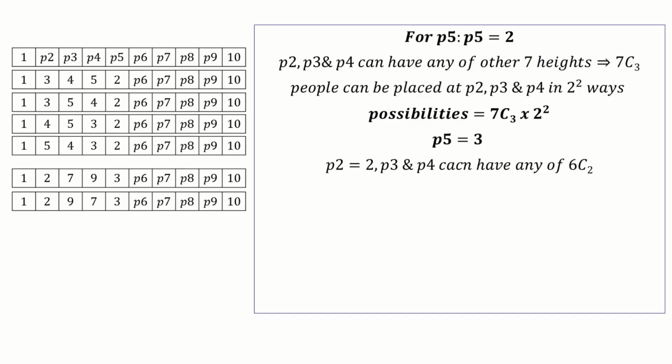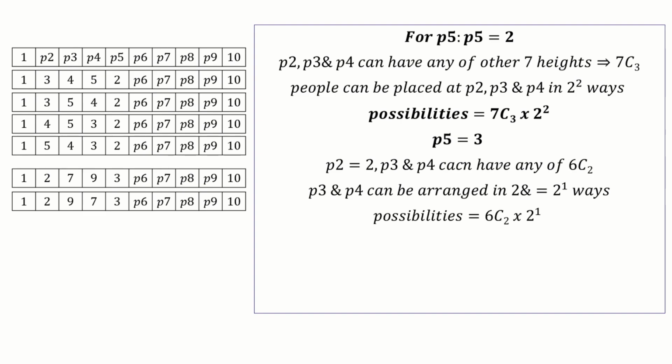Position 5, P2, P3 and P4 can have any of the 6C2 ways. Any 2 can be placed out of the 6 people, correct? Now P3 and P4 can be arranged in again 2 factorial ways. So now the possibilities are 6C2 into 2 to the power of 1.